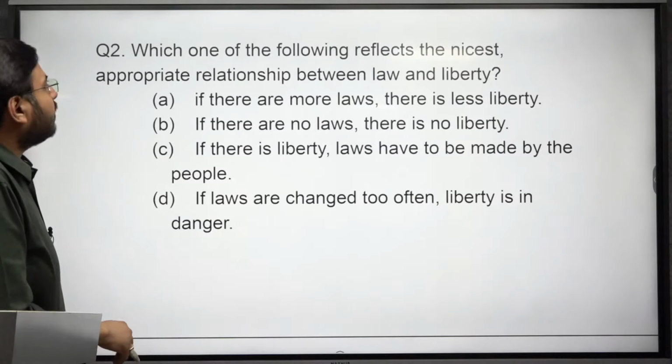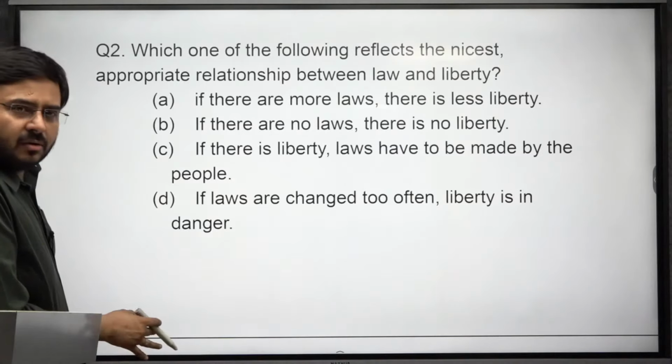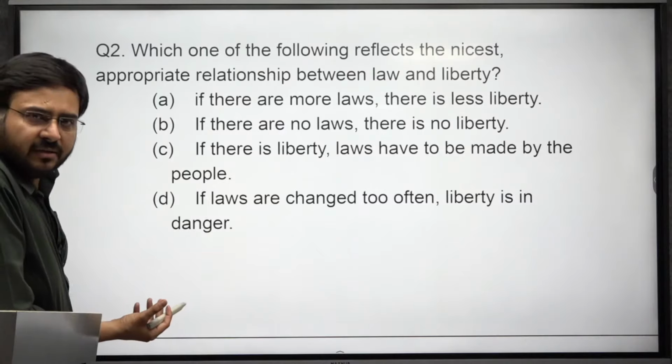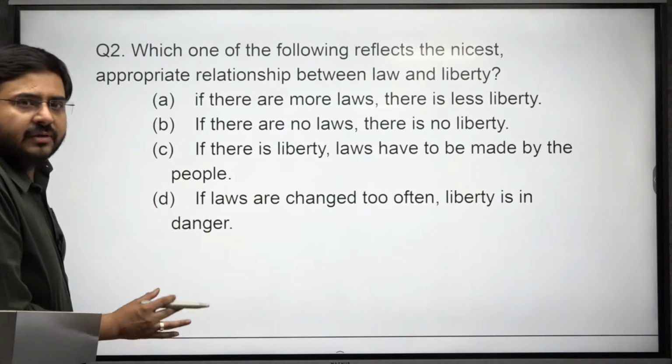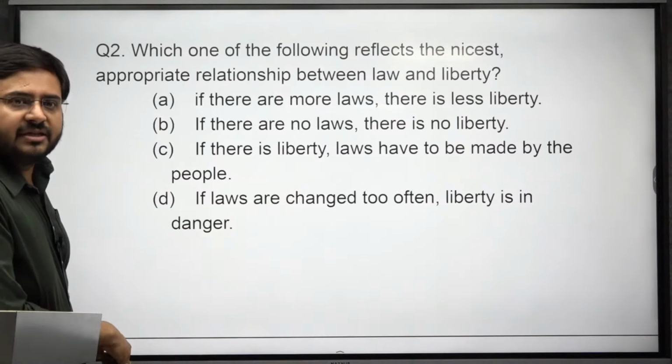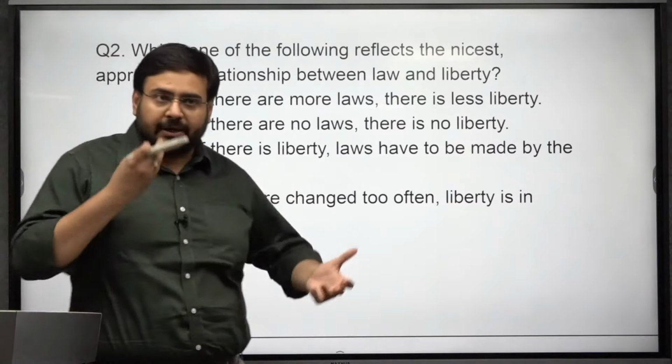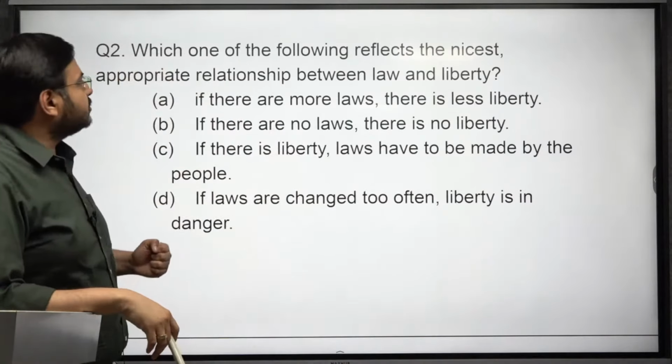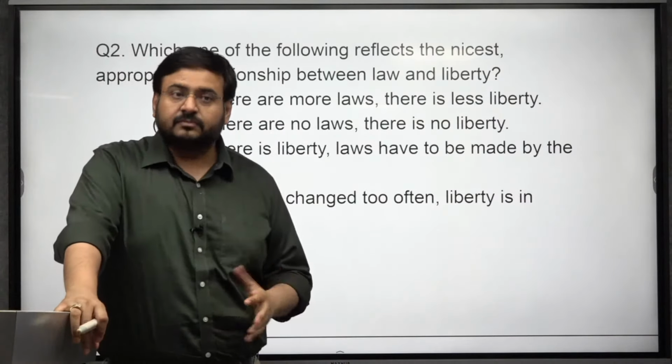First, if there are more laws, there is less liberty. No, rather more laws can provide more liberty. For example, the law that was to decriminalize section 377, that provided more liberty. Right. Second, where there is no law, there is no liberty. May or may not be.